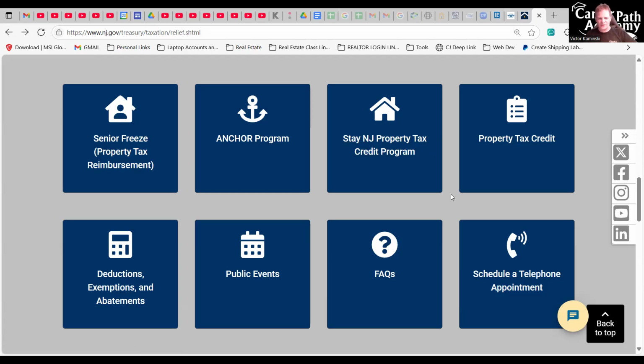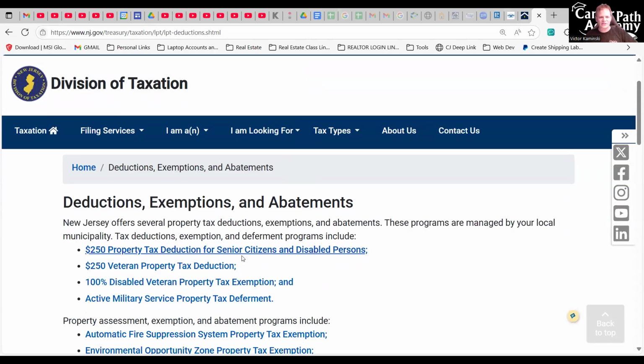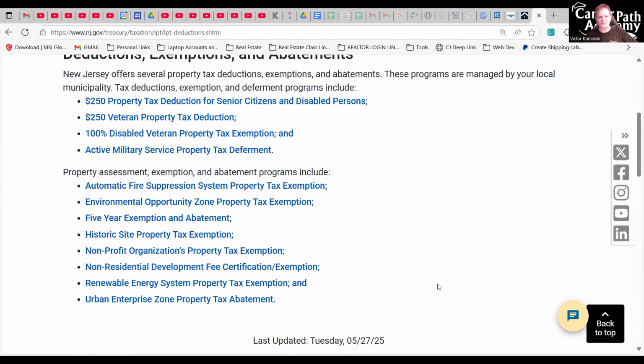Get the word out to people. And here's a list of a bunch of other tax deductions and exemptions, but not a comprehensive list. That $250 deduction for seniors and disabled people, $250 for veterans, 100% disabled veteran property tax exemption, and for non-veterans, active military service members can get a tax deferment.